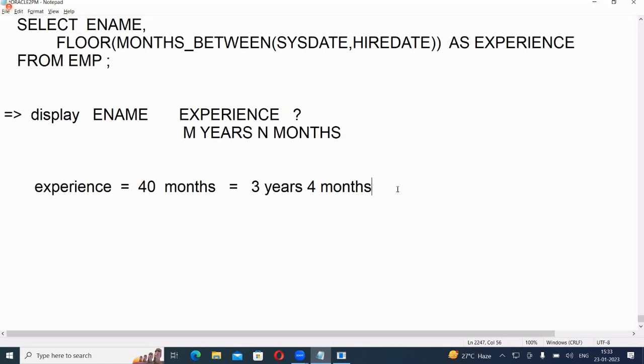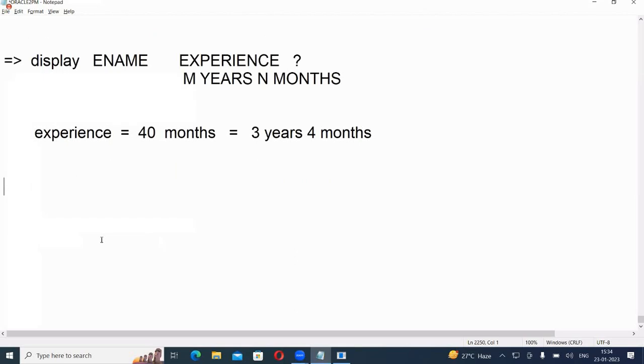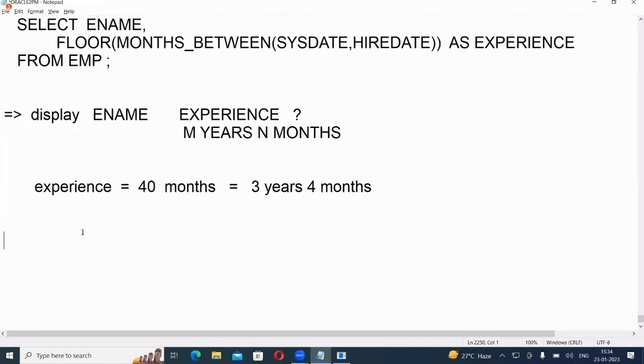Okay, you try this. How to get years? Months divided by 12. 40 by 12, but you'll get 3 point something.